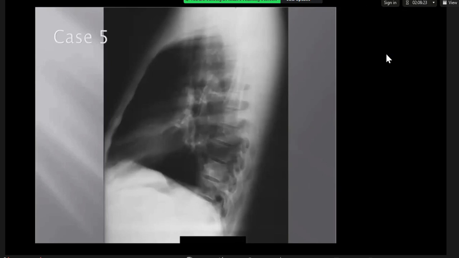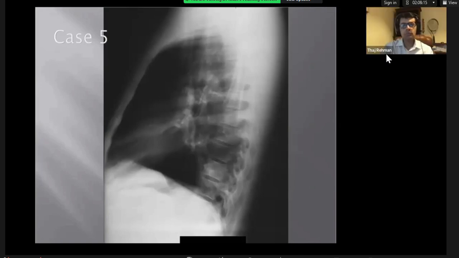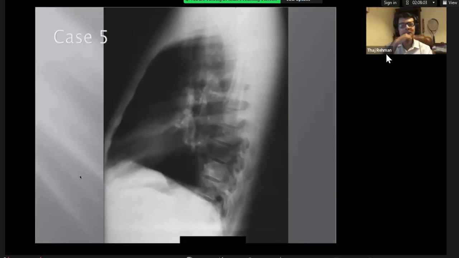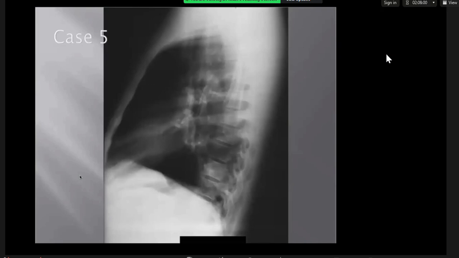Okay, so this is a lateral chest radiograph for an adult patient. I have to admit I don't look at these very often, but that's why it's on the slides. I think there's maybe some increased density posterior to the hilar structures.